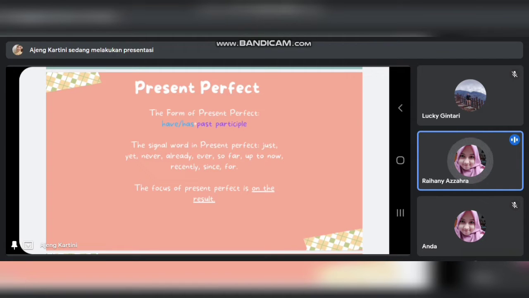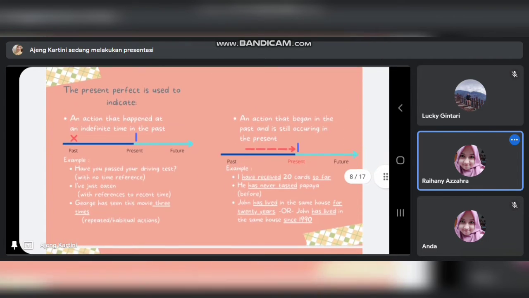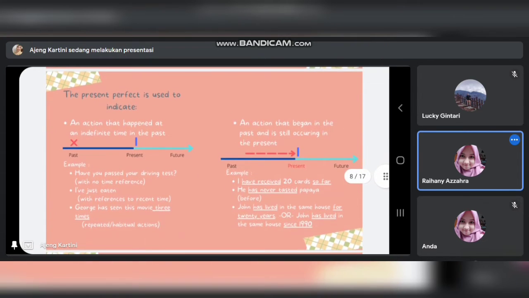And the focus of present perfect is on the result. Next, the present perfect is used to indicate two actions. First, an action that happens at an indefinite time in the past.